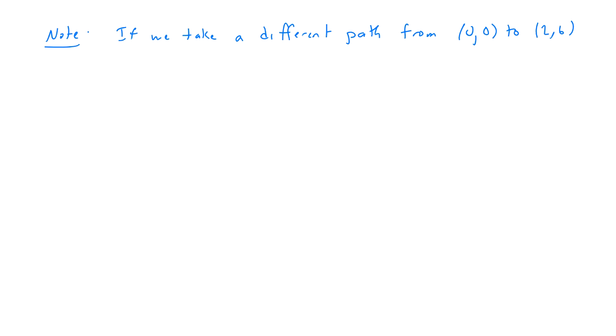For a general vector field, if I take a different path from where I start to where I end, we might get a different answer.